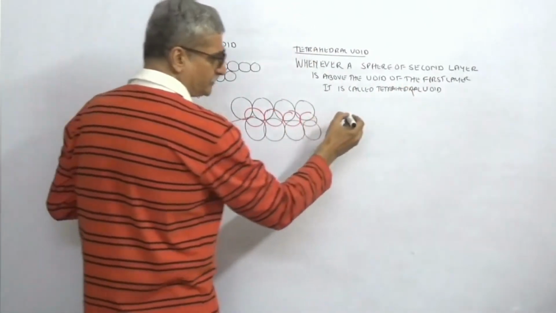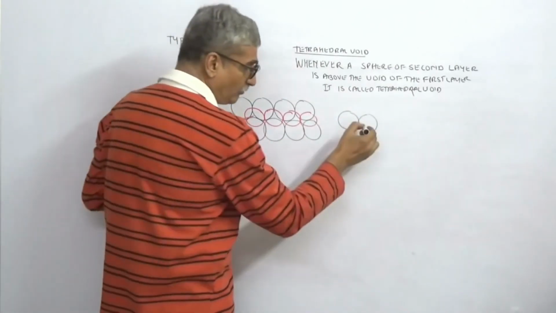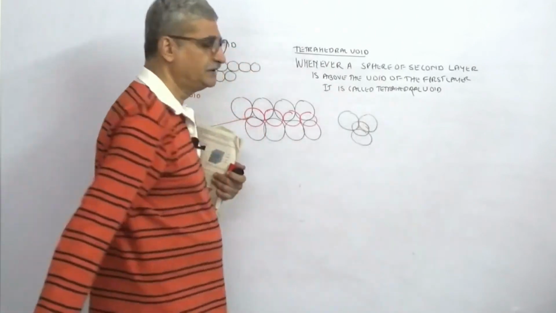So you have a first layer void because of that, and whenever one sphere is present above that, then this is called as tetrahedral void.